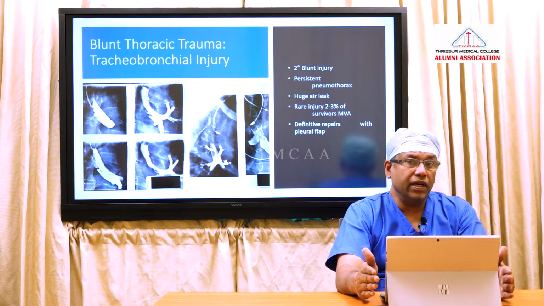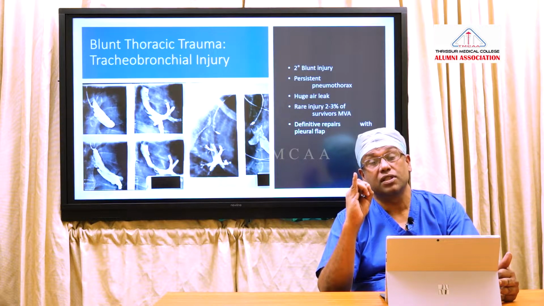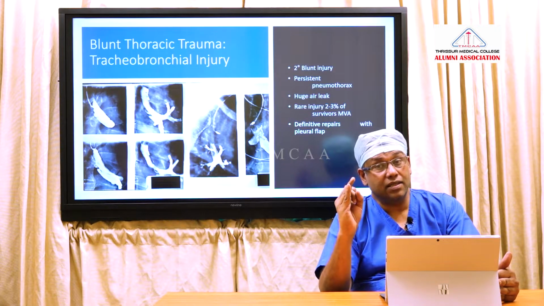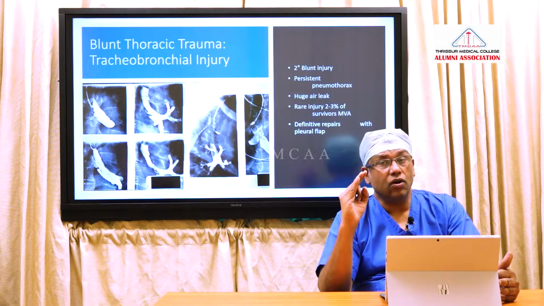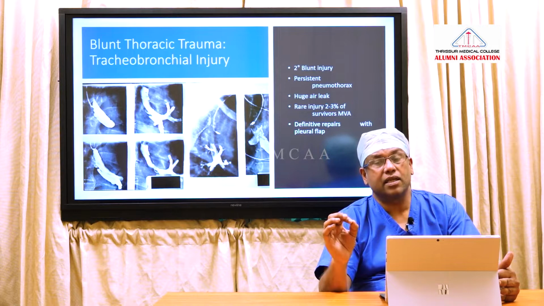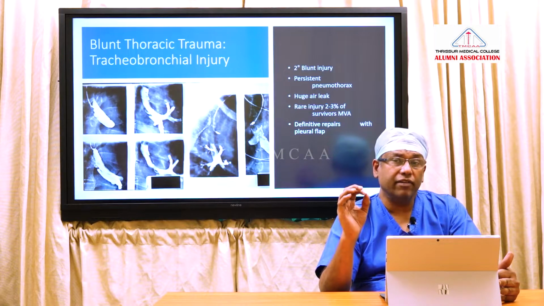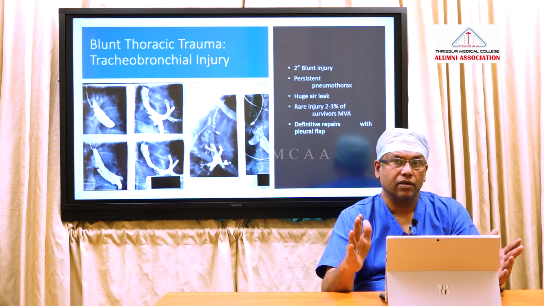Tracheal injuries will have massive bilateral pneumothorax, extensive surgical emphysema, and stridor or hoarseness. Bronchial injuries will have extensive bilateral pneumothorax and extensive surgical emphysema, and these patients will have dyspnea. They will not have any hoarseness or stridor, but they can coexist.